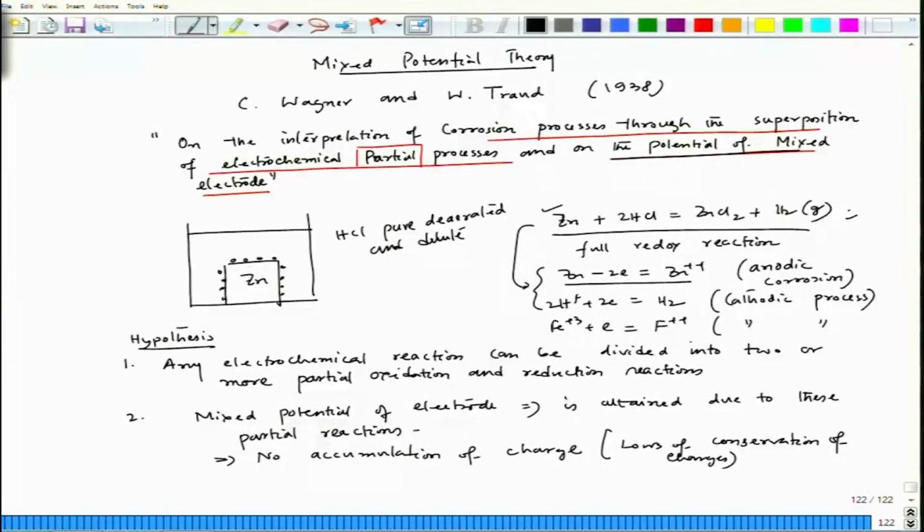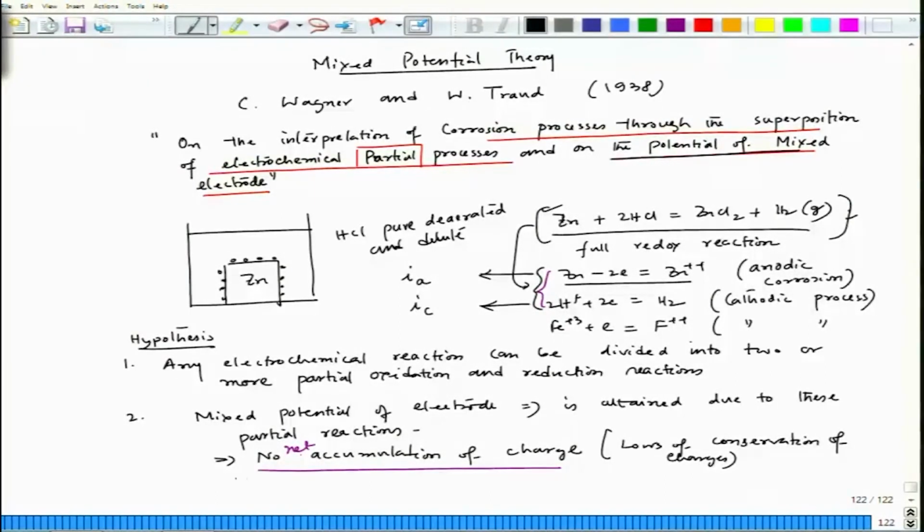Now, we see that there is one cathodic reaction, there are two. For example, if I consider this particular reaction, I could see that there are one cathodic and one anodic reaction. If there is no net accumulation of charge, that means all the charges are balanced. In that case, for this reaction there could be a current IA, the anodic current density for the anodic process, and for this reaction there should be IC, the cathodic current or current density.